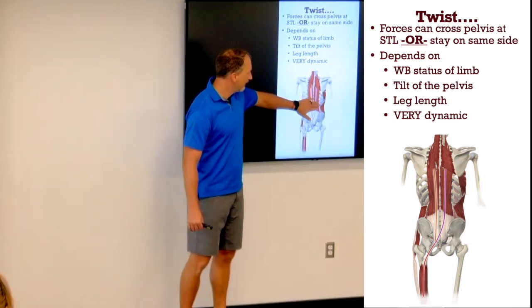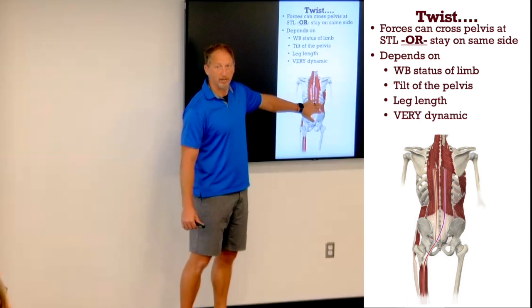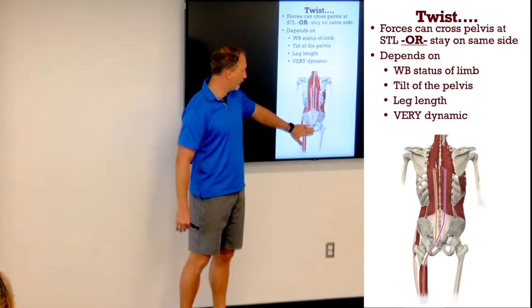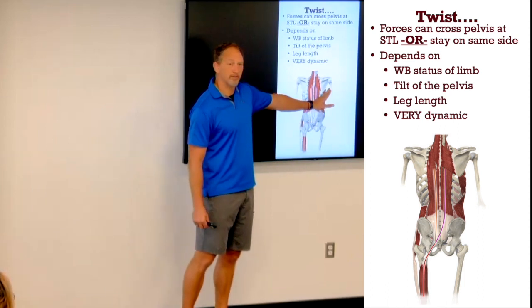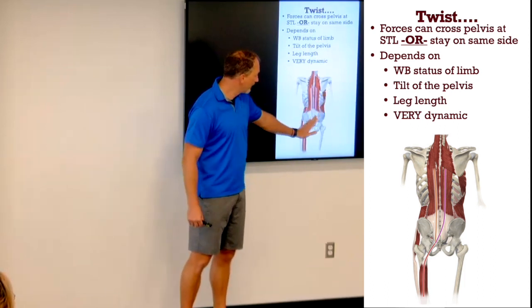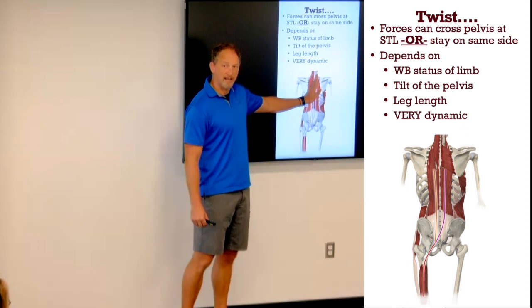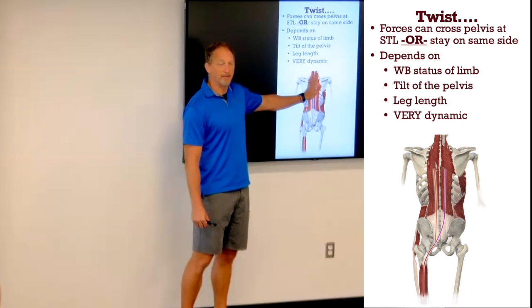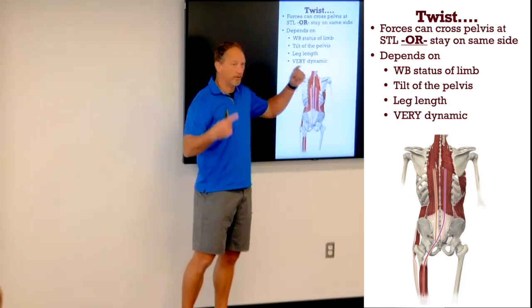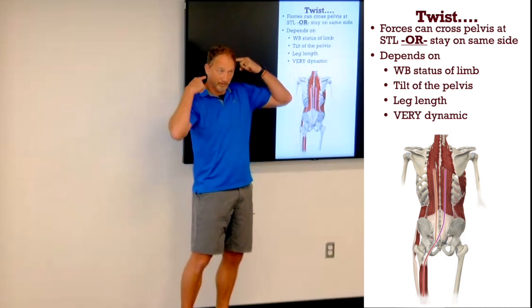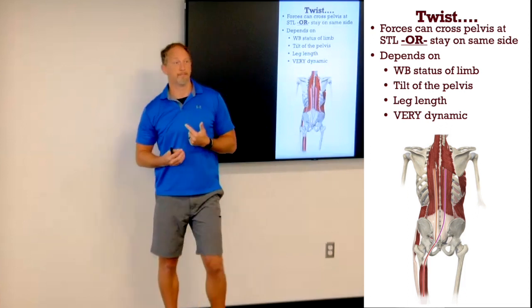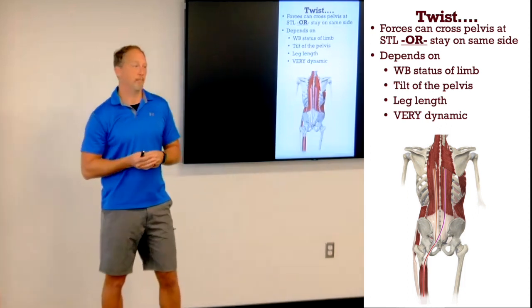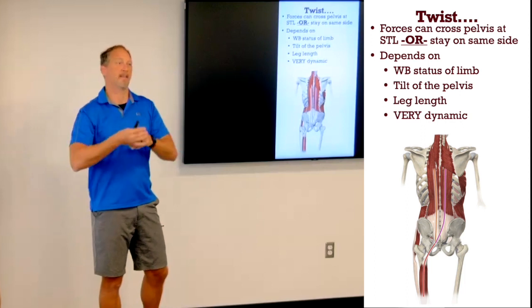It's probably 60-40, 70-30, something along those lines. So once we get to the sacrum, some of the forces cross over to the opposite erectors, and some stay on this side and come up the erectors. Instead of trying to figure out whether the forces from this mastoid go to this occiput or that occiput, they go to the entire occipital ridge. A portion of the forces cross over and a portion stay on the same side.